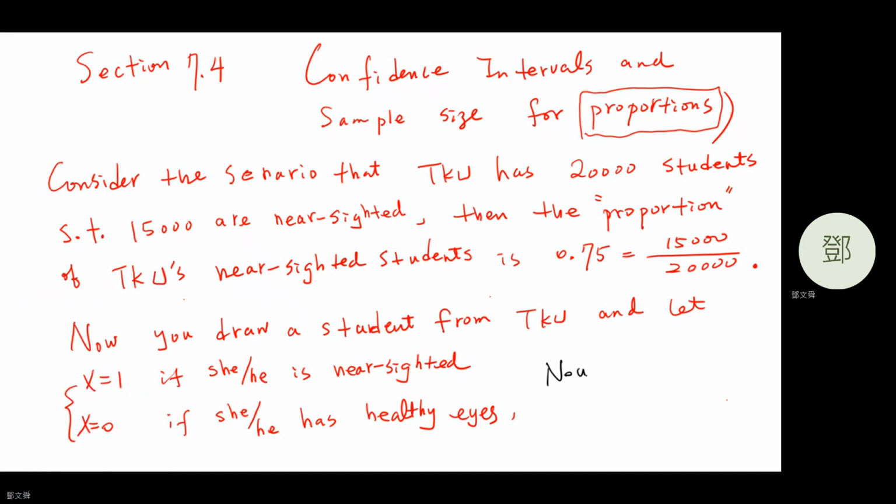Now, X has the distribution Bernoulli, 0.75. All right?